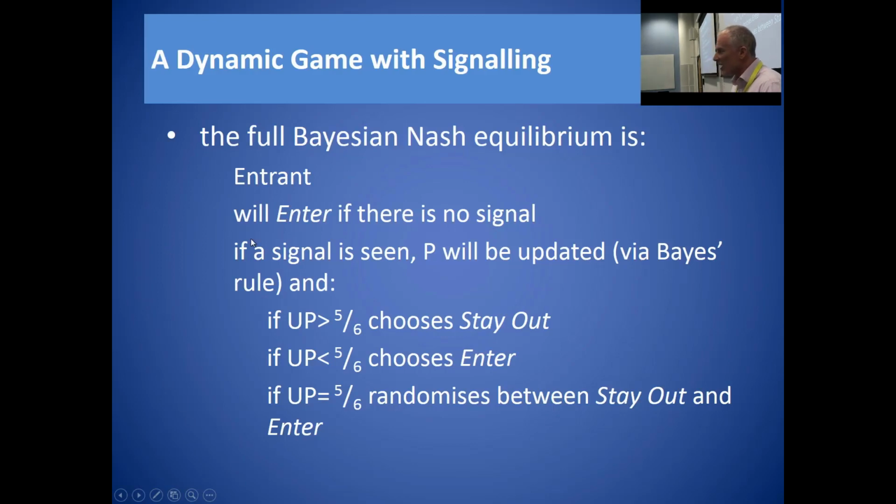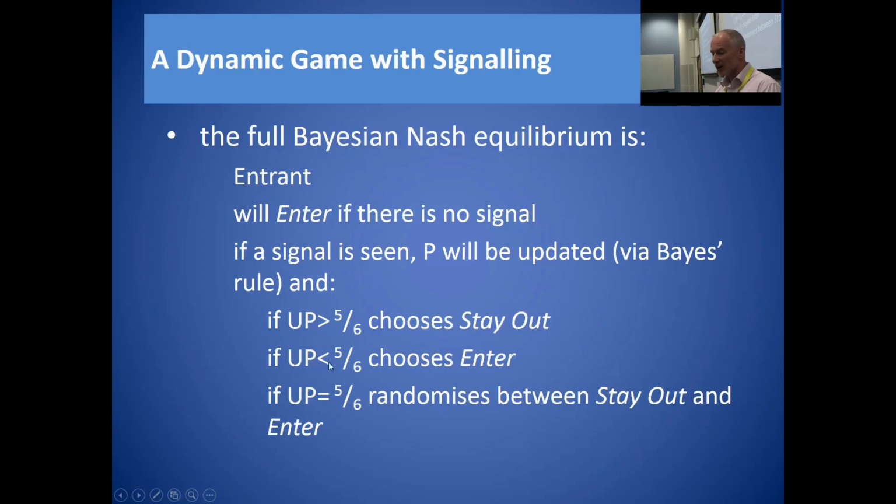However, this comes apart if a signal is received. Who does that come from? Does it come from a strong monopolist, or does it come from a weak monopolist? That's the nature of the information asymmetry. The entrant does not know. So, then we go through that updating procedure, and we get the updated probability. Is it greater or less than 5 over 6? If that updated value of P is greater than 5 over 6, given our expected payoffs, the entrant will choose to stay out.